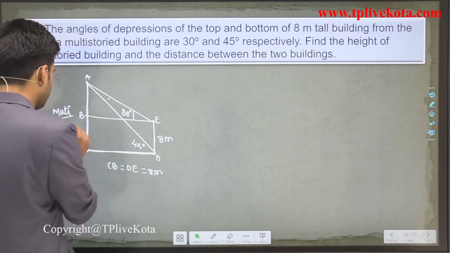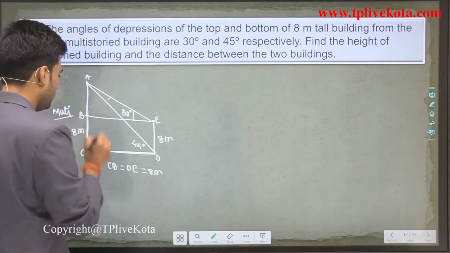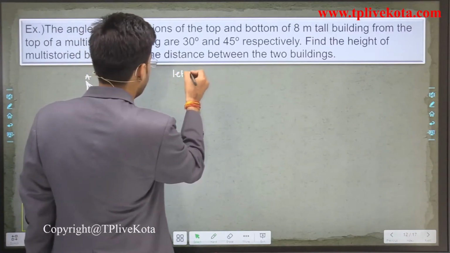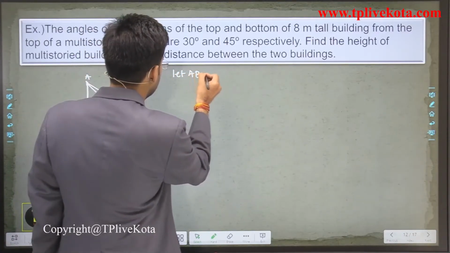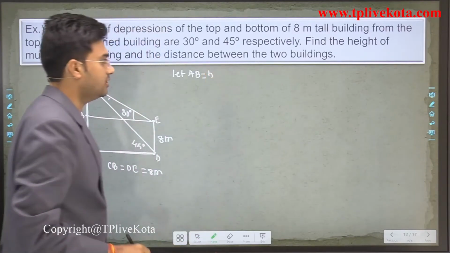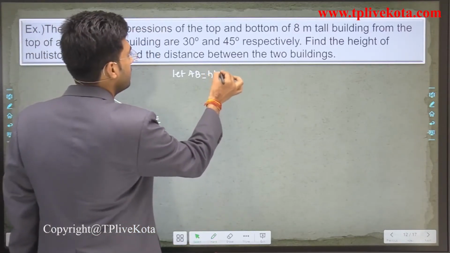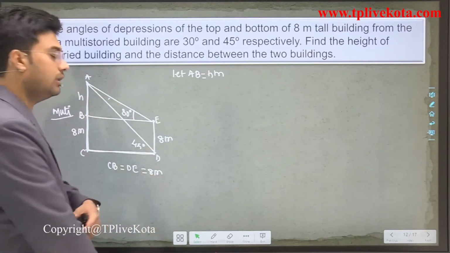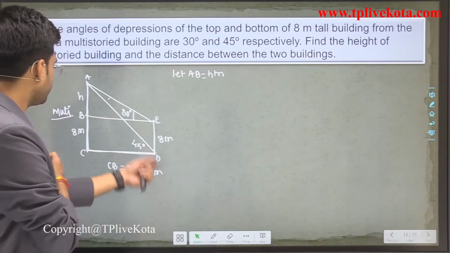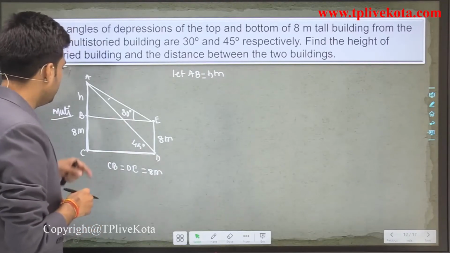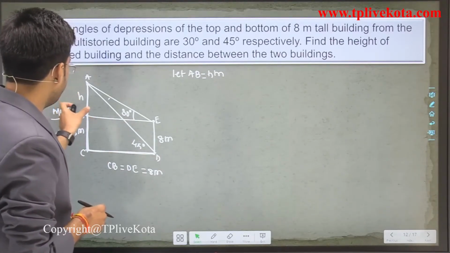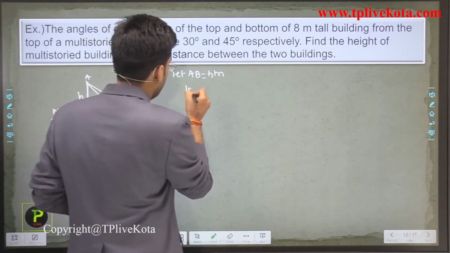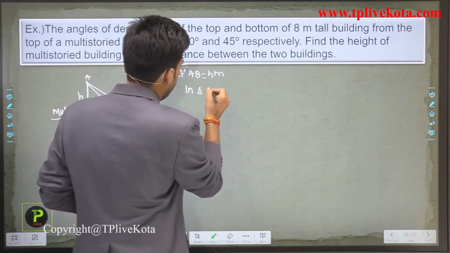Now let AB be h meter. So this is h. Clear? Now students, let's apply the trigonometric ratio in triangle ABE.